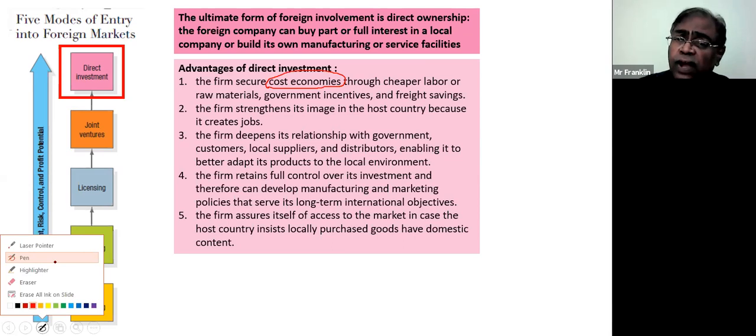Number 5, the firm assures itself of access to the market in case the host country insists that goods be locally produced and have domestic content. That means if suddenly the country says you can't sell imported goods, only local produce can be sold. Like what happened in Indonesia recently.